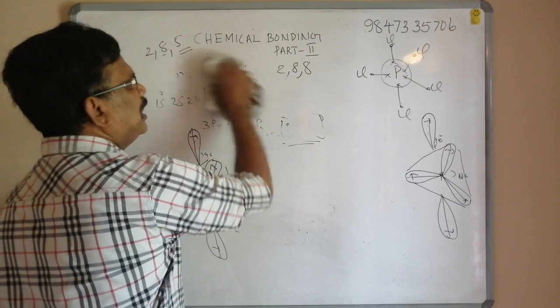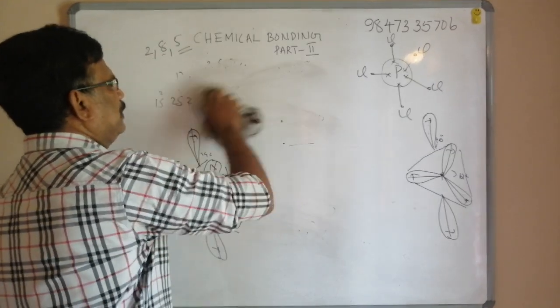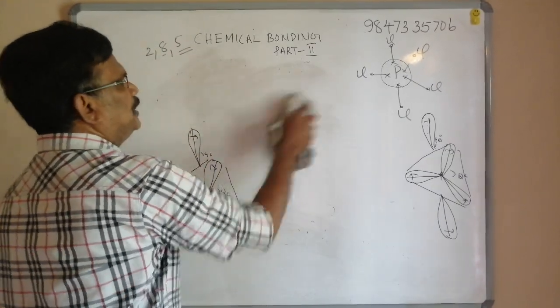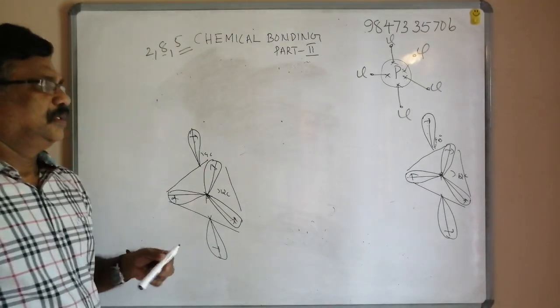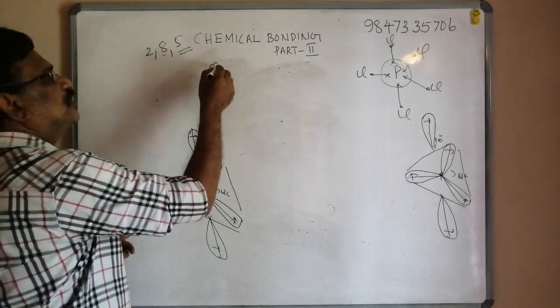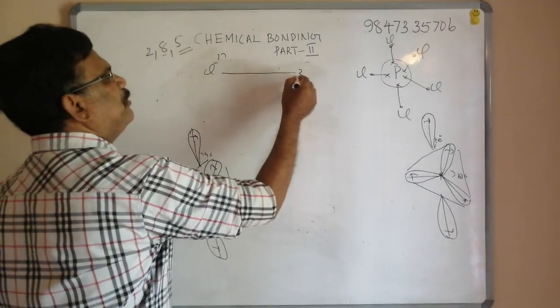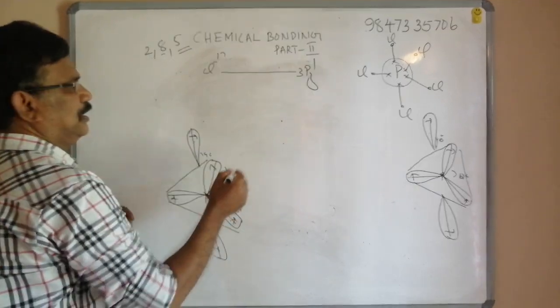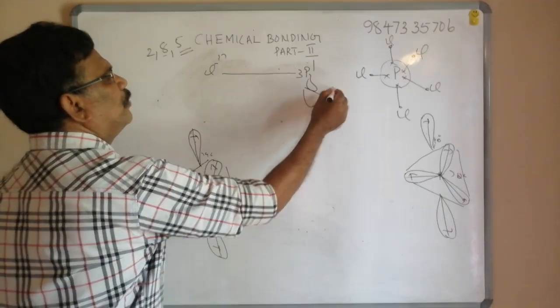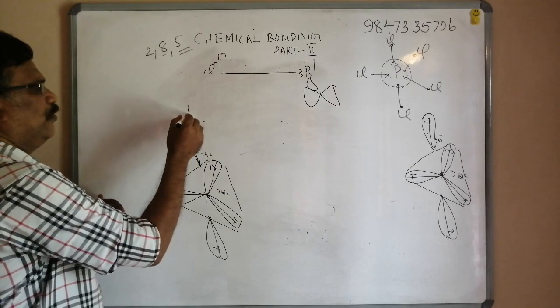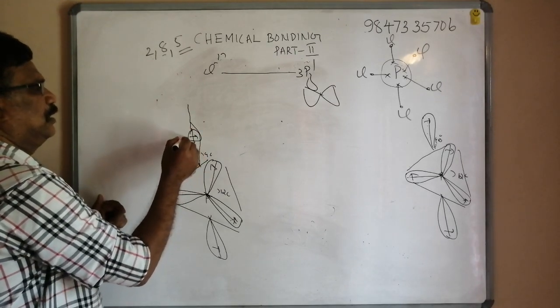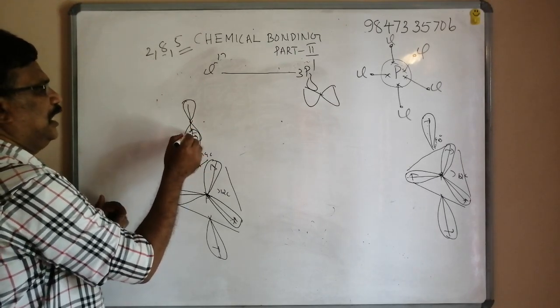According to valence bond theory, orbital overlap: chlorine, atomic number 17, 3pz1, a dumbbell, pure p orbital, overlaps here with an electron. Chlorine.